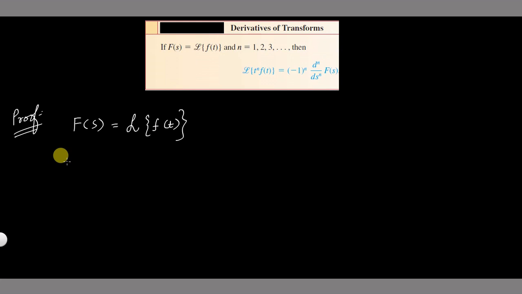Just take the derivative of F of s with respect to s. We will apply the derivative over here as well, and also we will open this transform by definition.